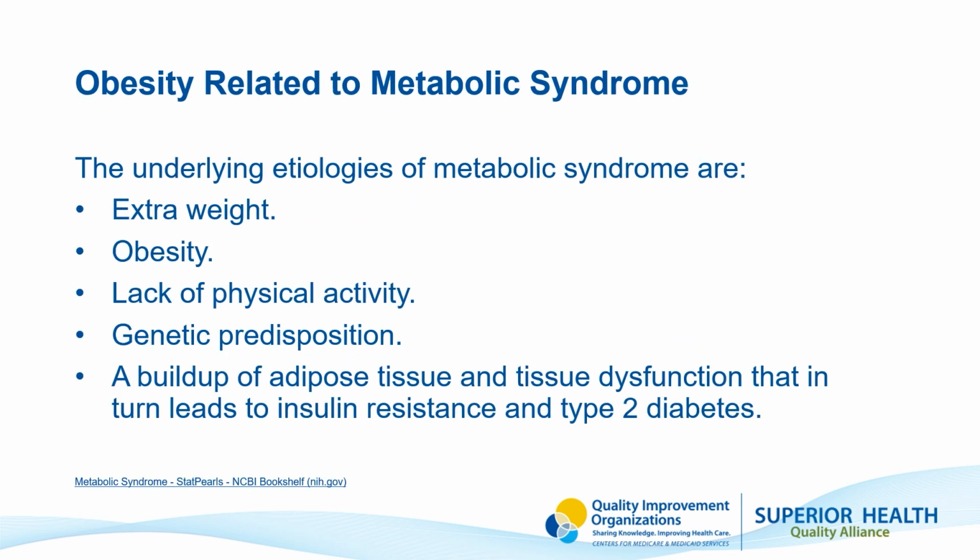The etiology of metabolic syndrome relates to obesity differently. It involves both extra weight and adipose tissue. Most providers rely on the BMI tool, which calculates your body mass index using your height and weight to determine whether a person has normal weight, overweight, or obesity.